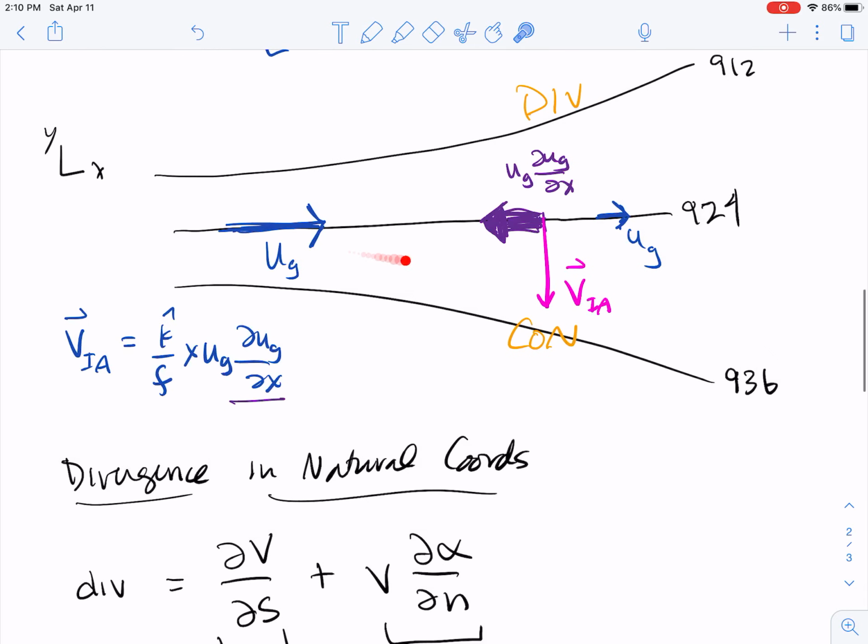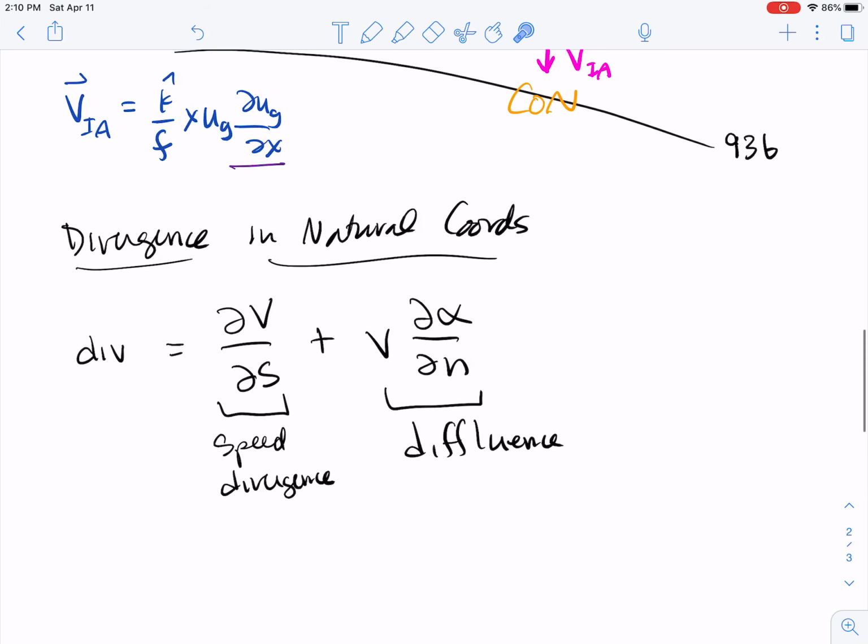And what is happening to the speed in this picture? That's right, it's decreasing as we go into the diffluent area, which is going to cause convergence of flow in general. So the question in this whole diffluent pattern is what's going to win out? Is the speed divergence going to win out, or is the diffluence term going to win out?